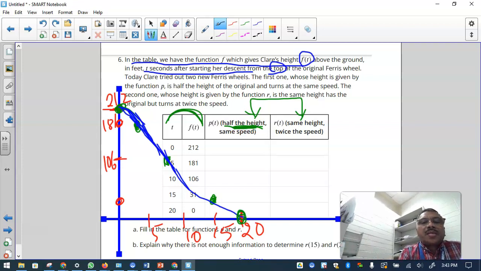That means the speed stays the same. After 5 seconds, this point, which is right here, stays the same. This will go here. So this point, which is right here, which was 106, will be 53. This is 31, and 53 will be somewhere here. So everything goes half.